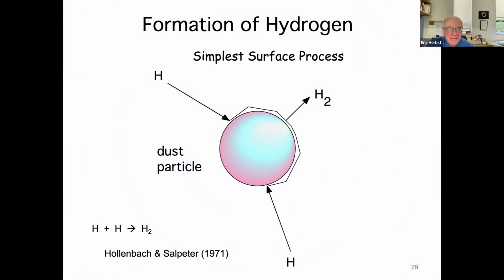So what about surfaces? Well, here's the formation of molecular hydrogen. The two hydrogen atoms can come and stick at low temperatures, move around, make molecular hydrogen, and then molecular hydrogen eventually comes off. And this actually has been studied in the laboratory, but was first thought of as an idea by the late Salpeter, well-known physicist.